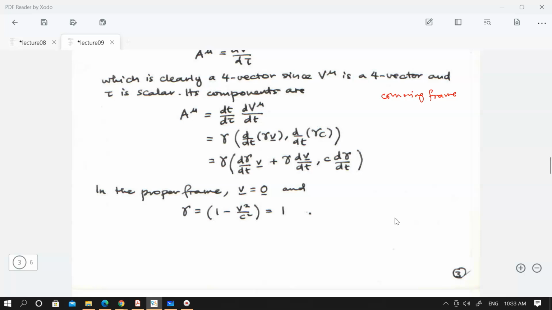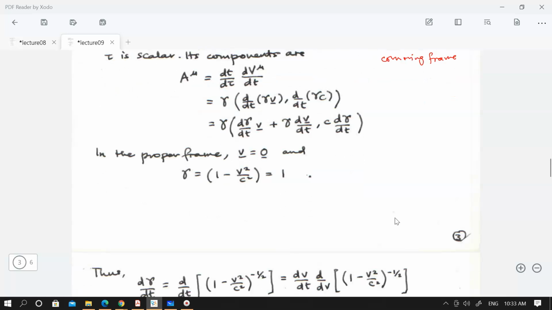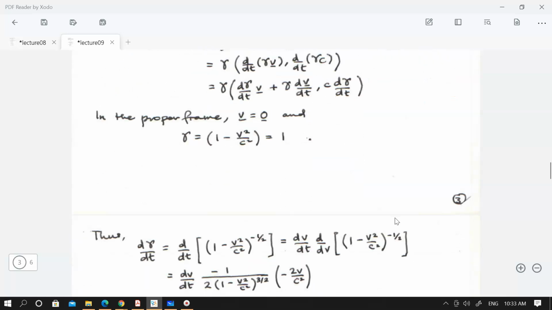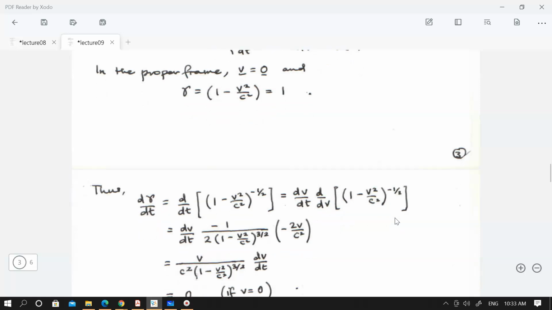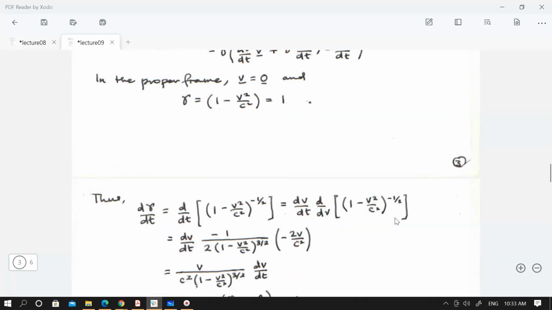In the proper frame, your gamma equals 1, because v equals 0. And d gamma dt, gamma is, remember, what am I doing here? I think this is a mistake.